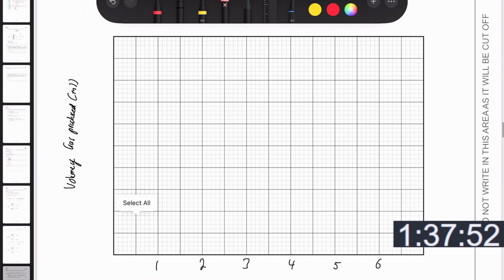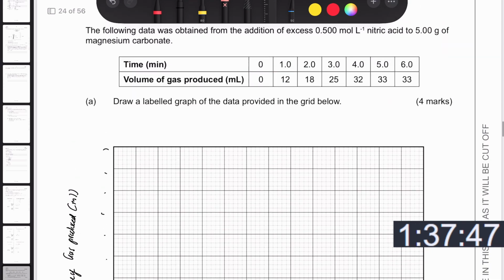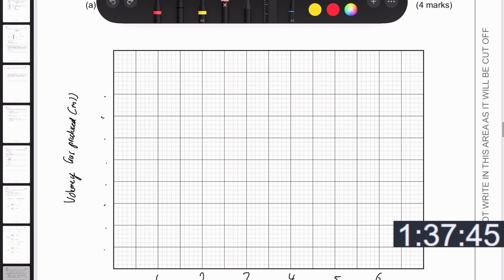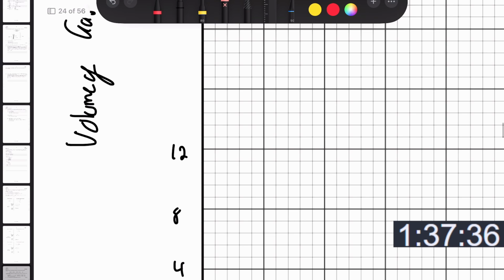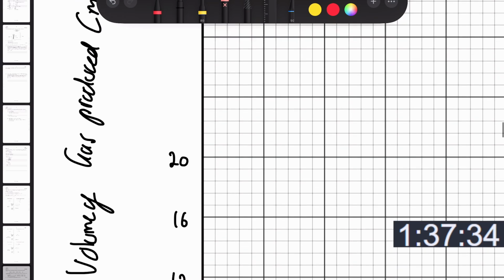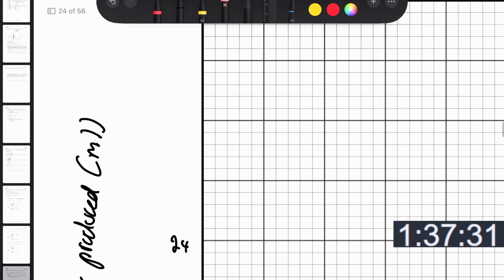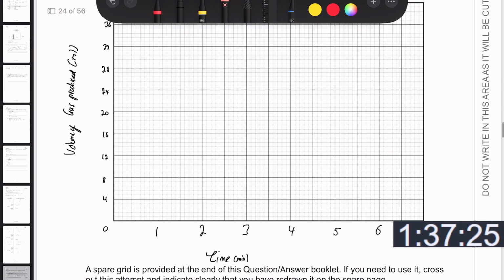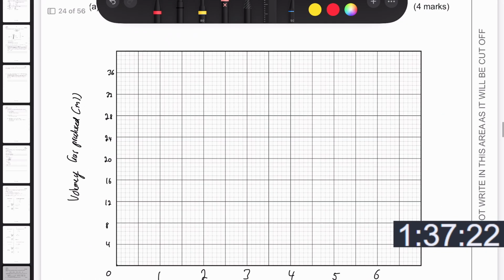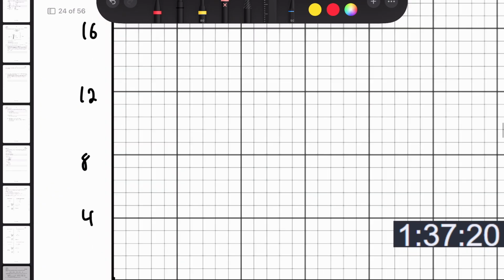I have 10 gridlines, so maybe I just do 4 per each. So I go 0, 4, 8, 12, 16, 20, 24, 28, 32, 36. Okay, so at time 0, we are at 0. At 1 minute, we are at 12.